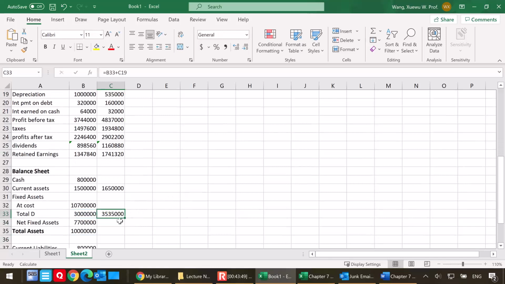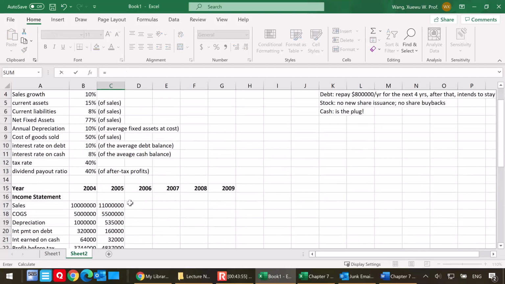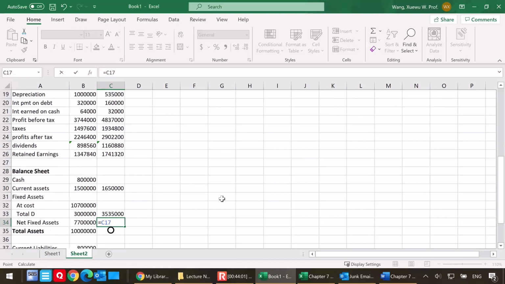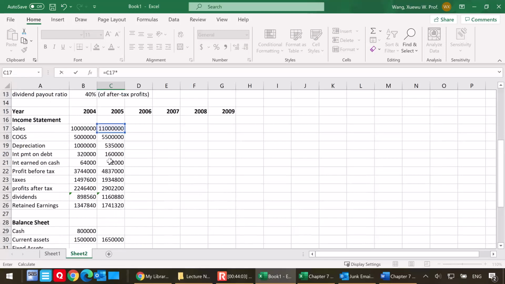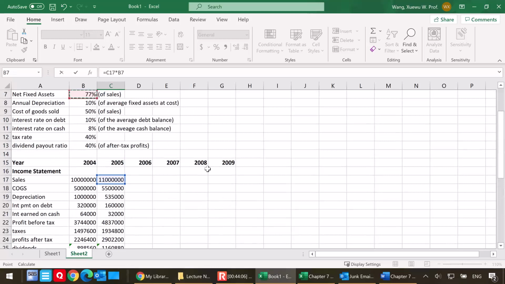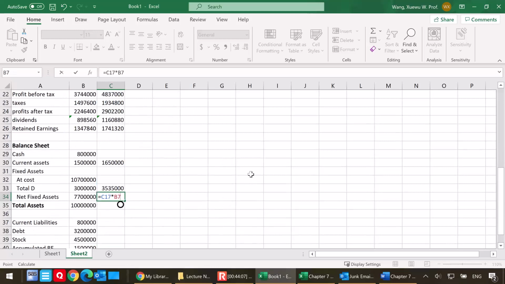Net fixed assets, according to our assumption, is 77% of sales. So let me take sales for 2005 and multiply this by 77%, and of course lock down the 77%.